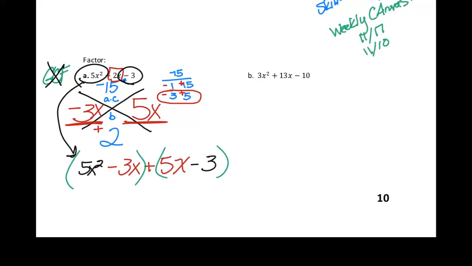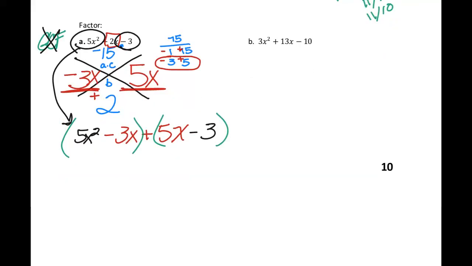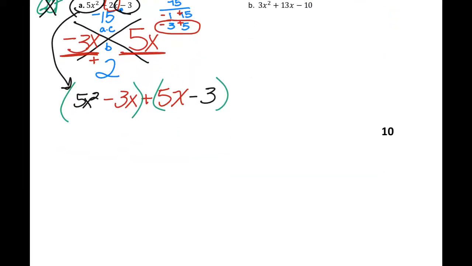Factor by grouping. 5x squared minus 3x. What can I factor out? An x. X comes out in front. What do I have left after I factor out that x? I have a 5 and 1x, right?